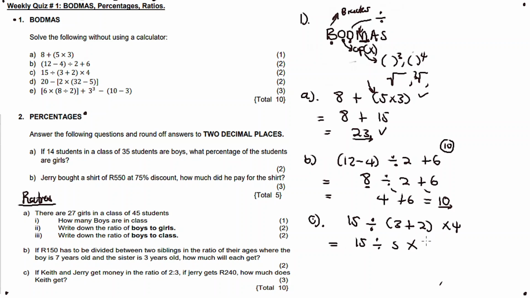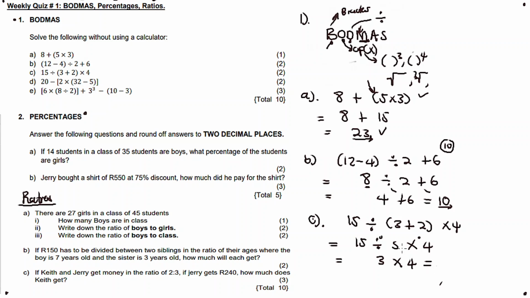That's 5 multiplied by 4. I have two operations, a divide and a multiplication. Going back to BODMAS, the bracket, we are done. We don't have an off. I do have a division, so we start off by dividing before multiplying. 15 divided by 5 is 3. Multiply by 4.